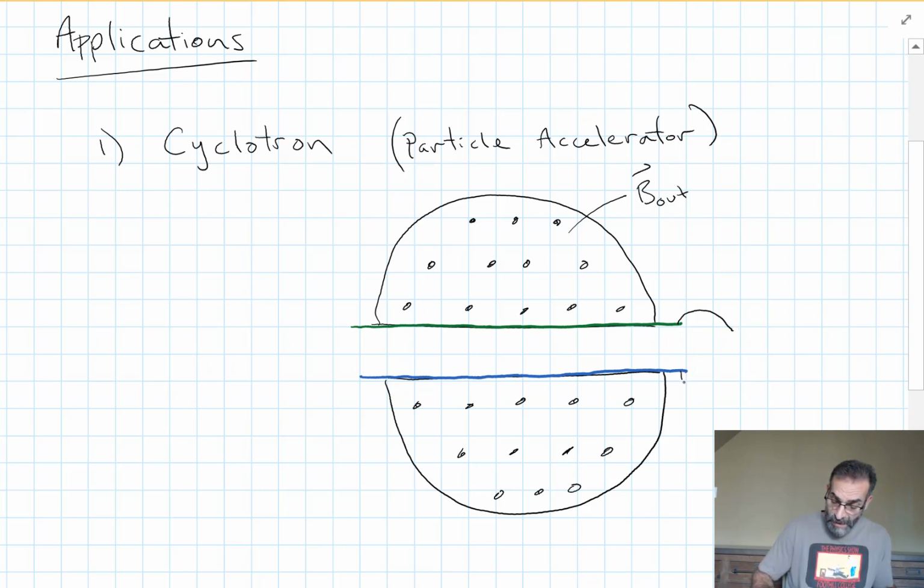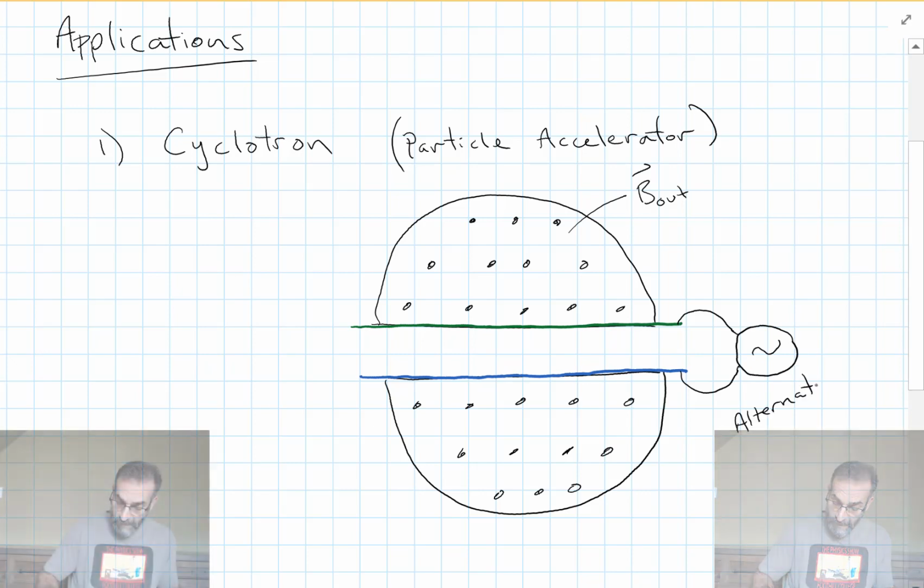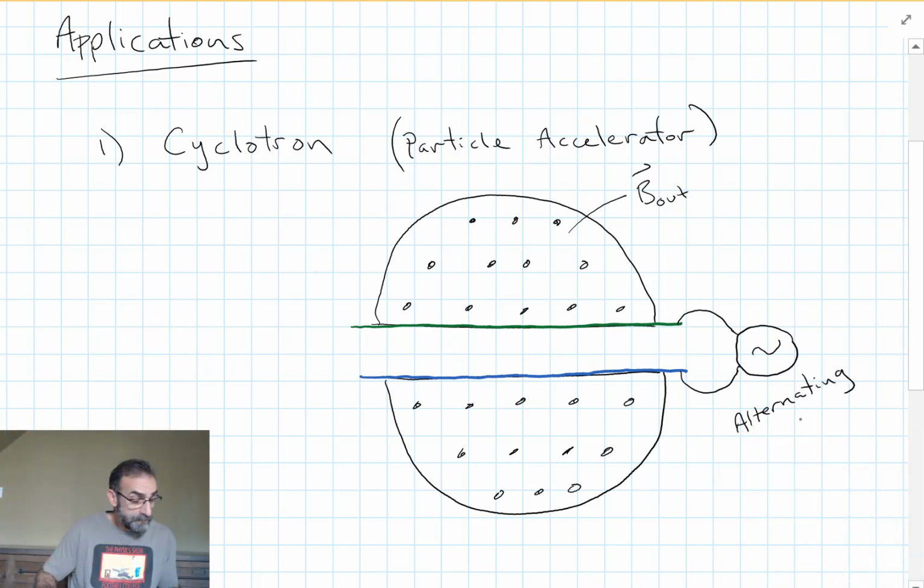These two plates are connected to a source of alternating potential difference. If we release a charged particle at the center, I'll make it a positive charge.